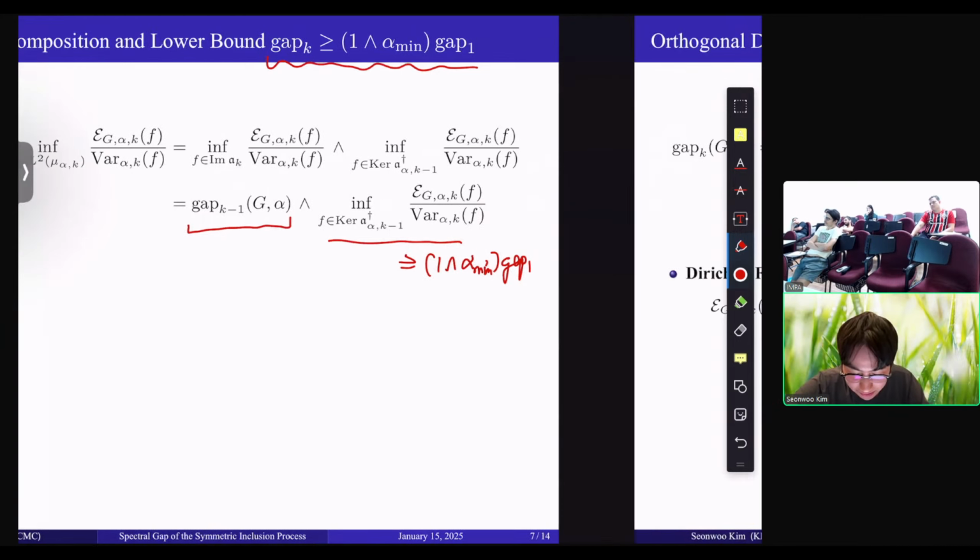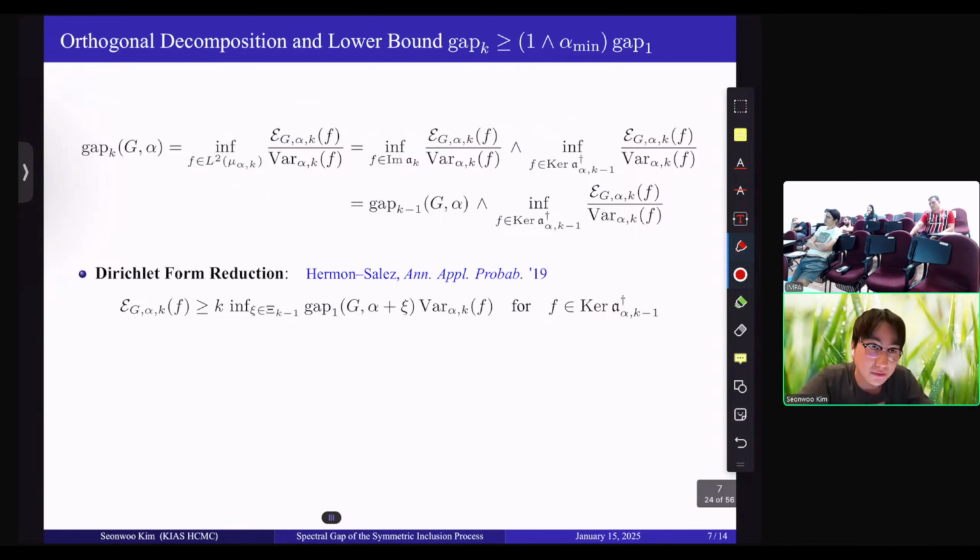So we're trying to do this. The first idea is to reduce the k-particle Dirichlet form into a one random walk Dirichlet form. This was partially similar to the idea by Aldous and Salez a few years ago. This Dirichlet form can be written as follows.